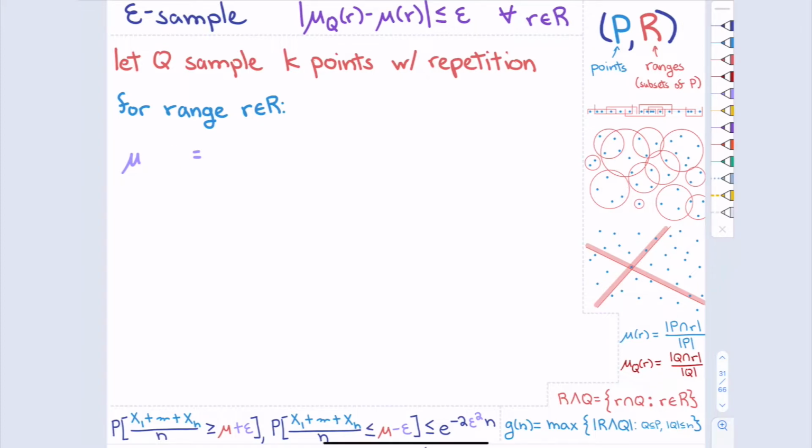Okay, so that the measure with respect to Q of R is concentrated as some function of k. If I want to use the additive Chernoff bound, I want to come up with some kind of x1, x2, x3, x4, and so on. Any ideas there? What might be good candidates for indicator variables?